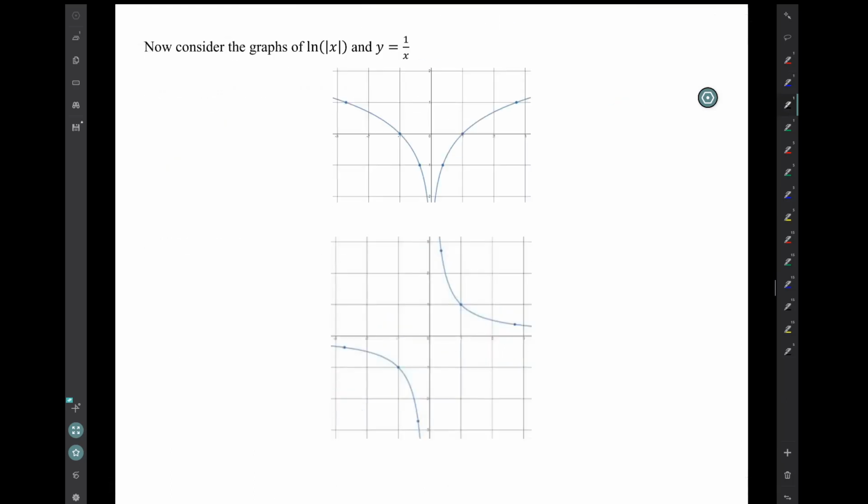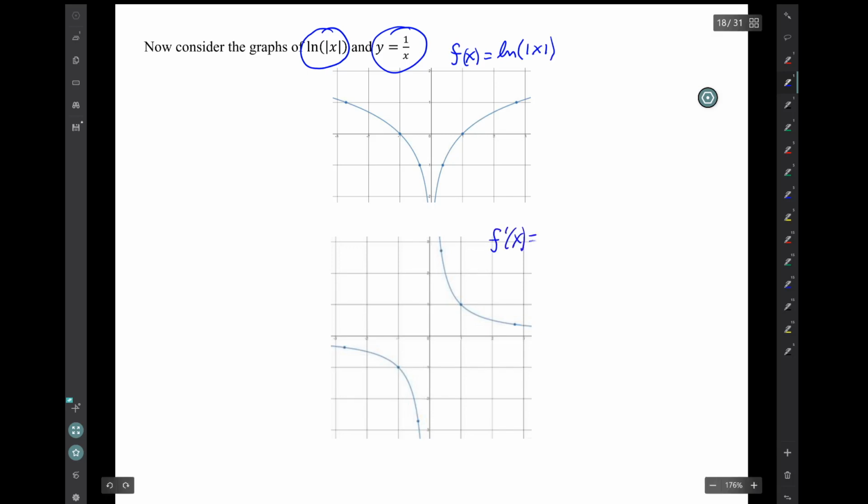Now consider the graphs of y equals ln of absolute value of x and y equals 1 over x. We'll put ln of absolute value of x on top, and we'll call it f of x. And we'll put the graph of y equals 1 over x on bottom, and it's playing the role of f prime of x. Now, remember the relationship between the graph of a function and the graph of its derivative.